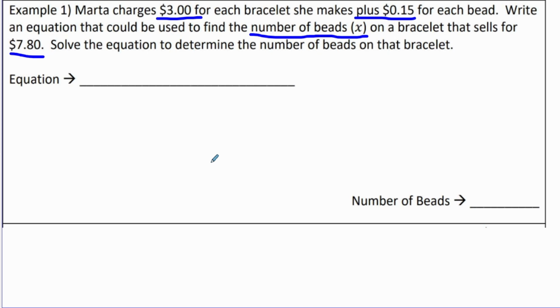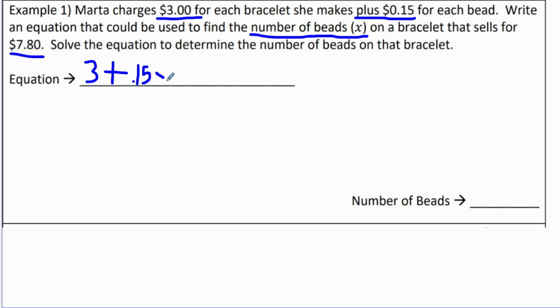So let's start writing it down, right? As we read, it kind of reads like a math problem, right? She charges $3 plus, and you can do 0.00 if you want, plus 15 cents for each bead. And then how many total beads are there? Well, we don't know, right? And what do we say when we don't know?